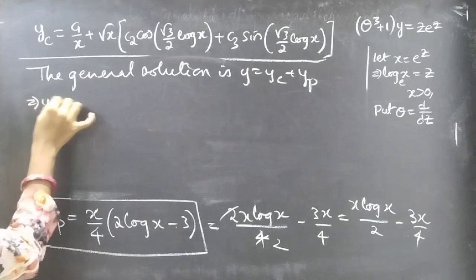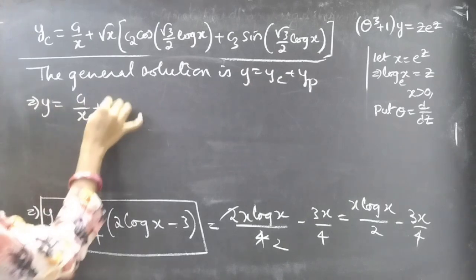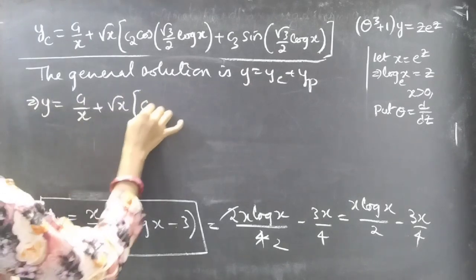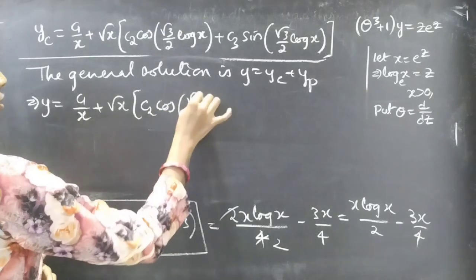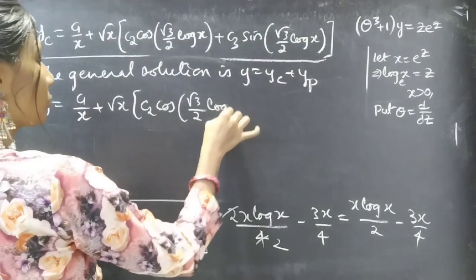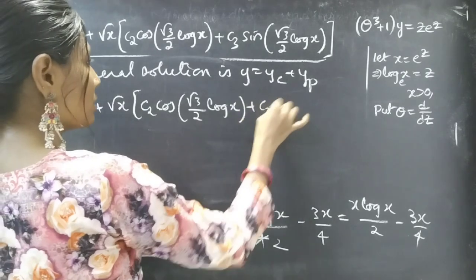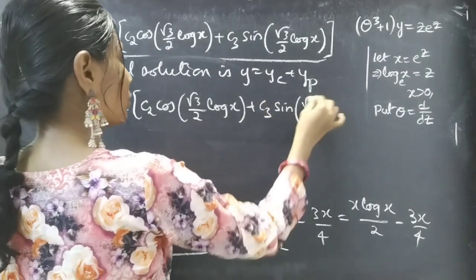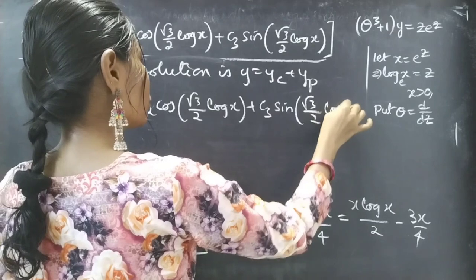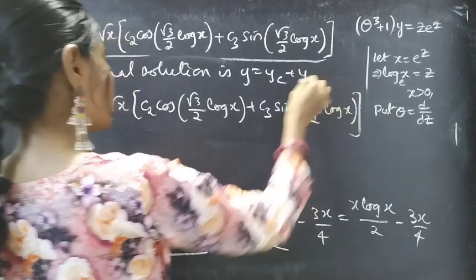Then y equal to yc, we have c1 by x plus root x into c2 cos of root 3 by 2 log x plus c3 sin of root 3 by 2 log x plus yp.